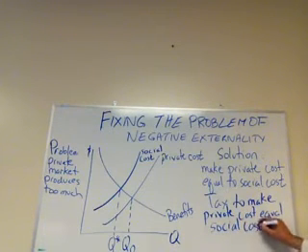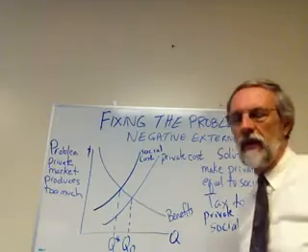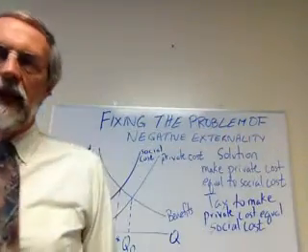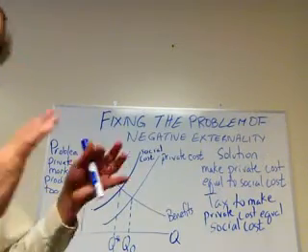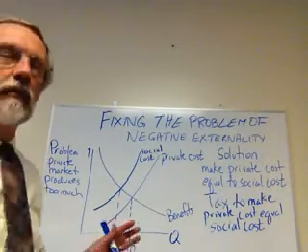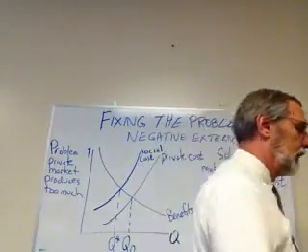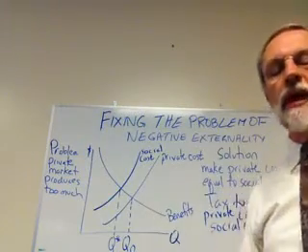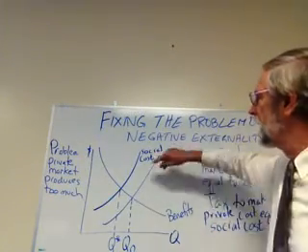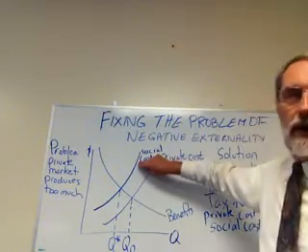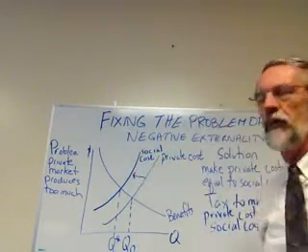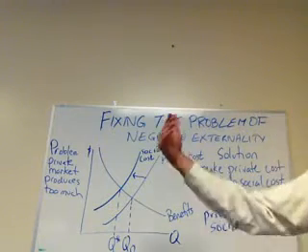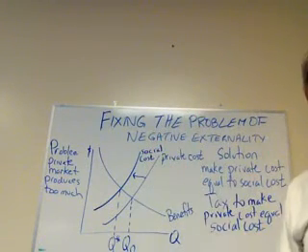And so if the social cost is a lot bigger than the private cost, we would have a big tax. If the social cost is only a little bit bigger than the private cost, then we won't have as big a tax. But we're going to impose a tax on the producer, and that will make the producer then act as if this was their cost. We're going to shift the private cost so that it becomes equal to the social cost.